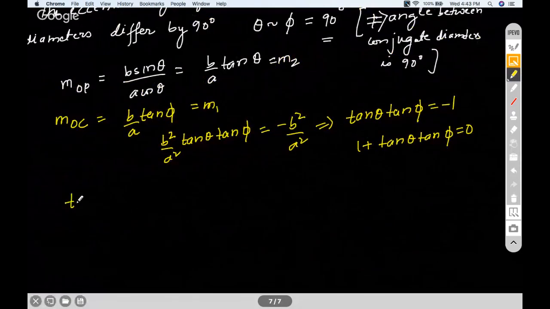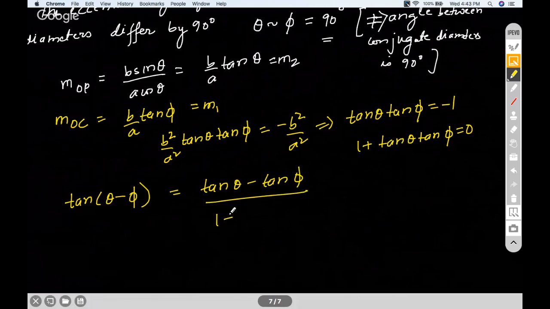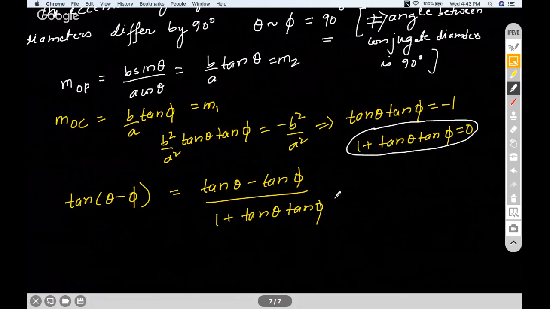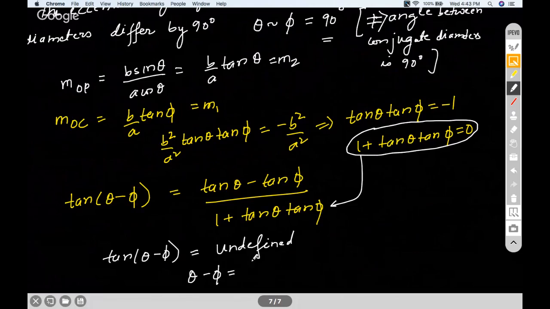And if you try to use the formula for tan of theta minus phi, in the denominator you get this expression. And since this is 0 over here, it makes the expression undefined, which clearly implies that theta minus phi is going to be a multiple of 90 degrees, and you can just call it 90 degrees. Is that fine, guys? Any question with respect to this?